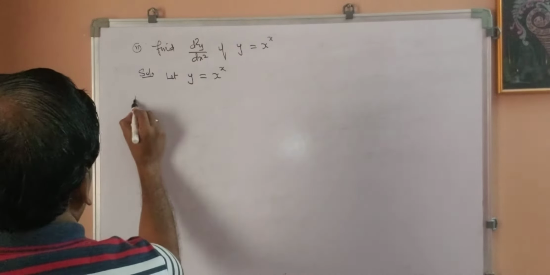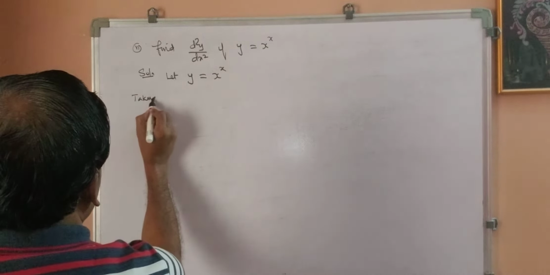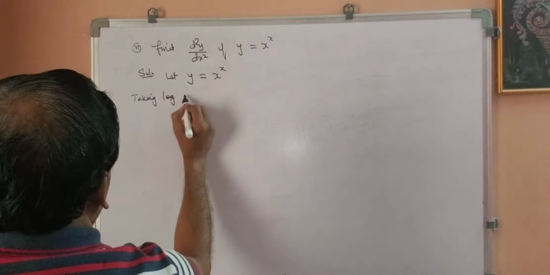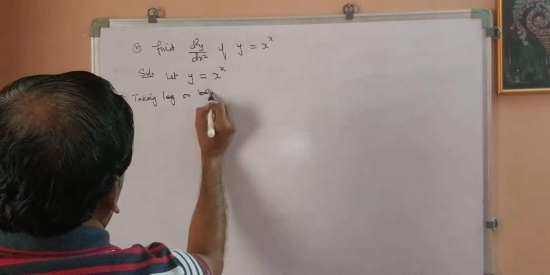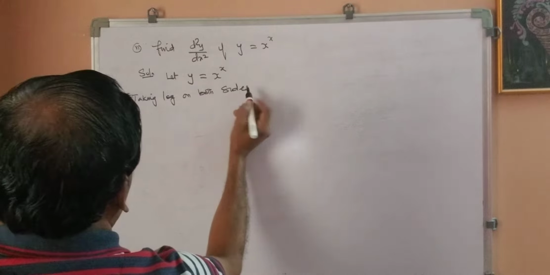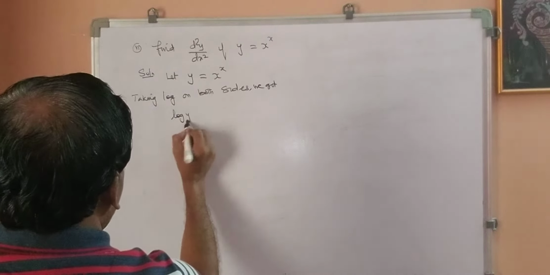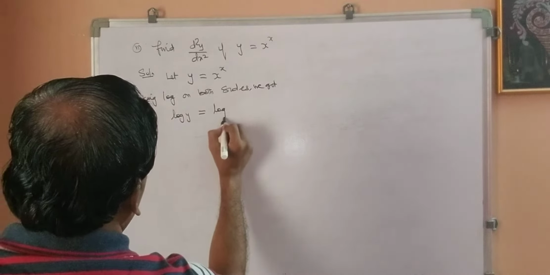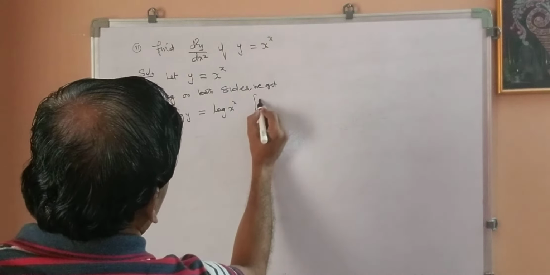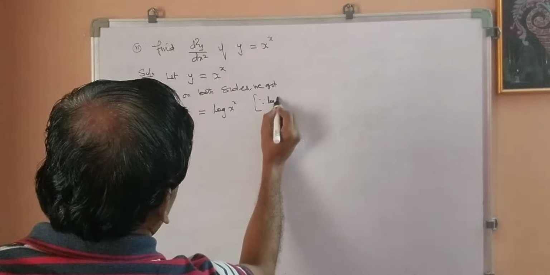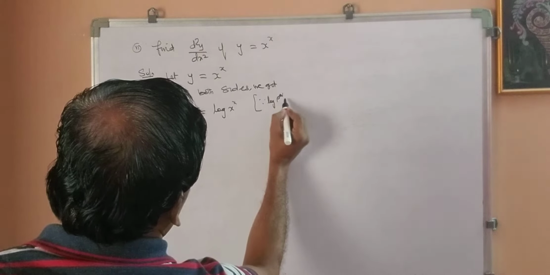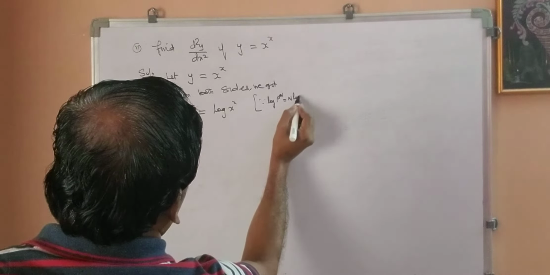So, taking log on both the sides, we get log y equal to log x to the power x. What is log p raised to n? n log p.